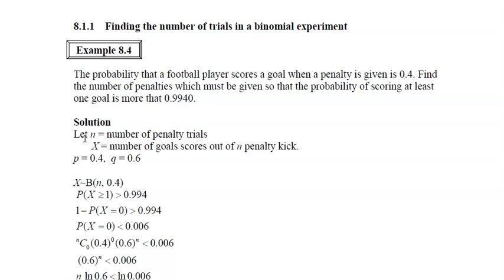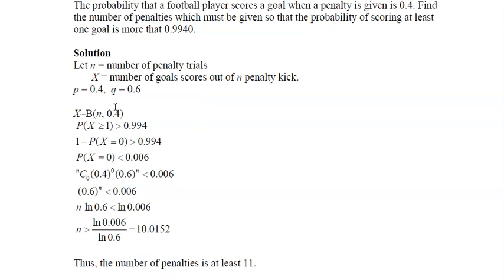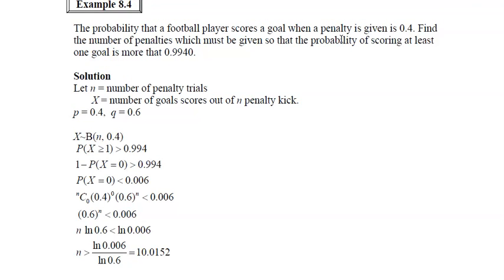So first, we let n be the number of trials, in this case penalty trials, and x be the number of goals scored out of n penalty kicks. So p is 0.4, the probability of scoring from a penalty given, and the rest of it, which is q, is equal to 0.6, the probability of not scoring.